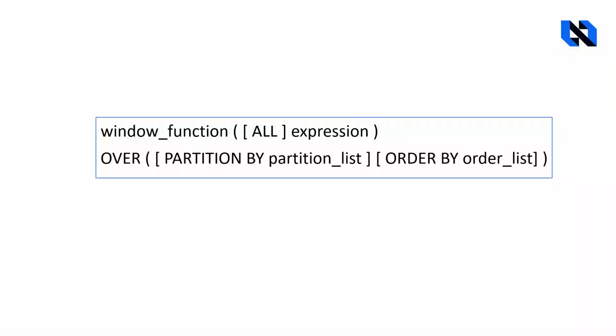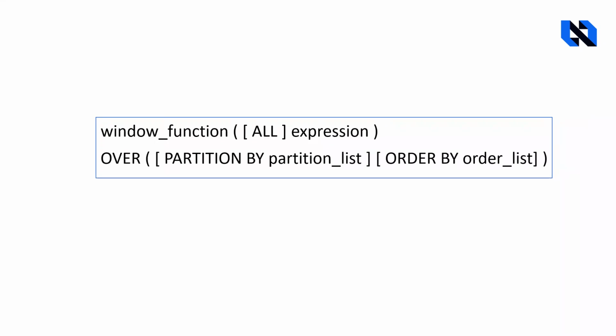If the PARTITION BY is not specified, grouping will be done on the entire table and values will be aggregated accordingly. The ORDER BY in the order list sorts the rows within each partition. If this is excluded, the ORDER BY uses the entire table.